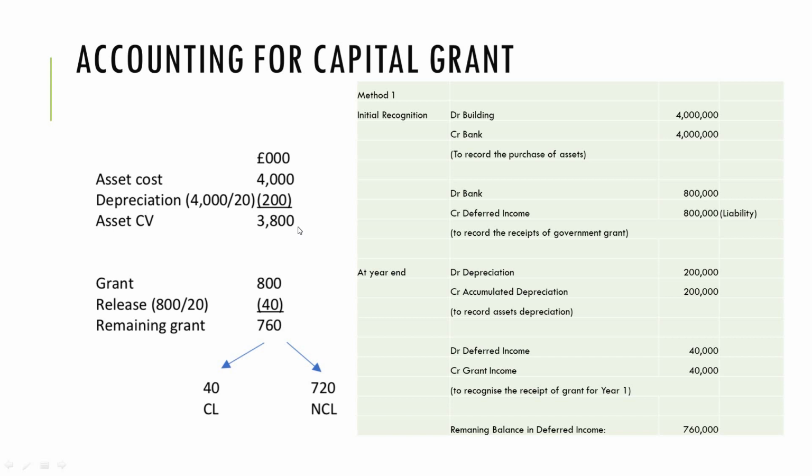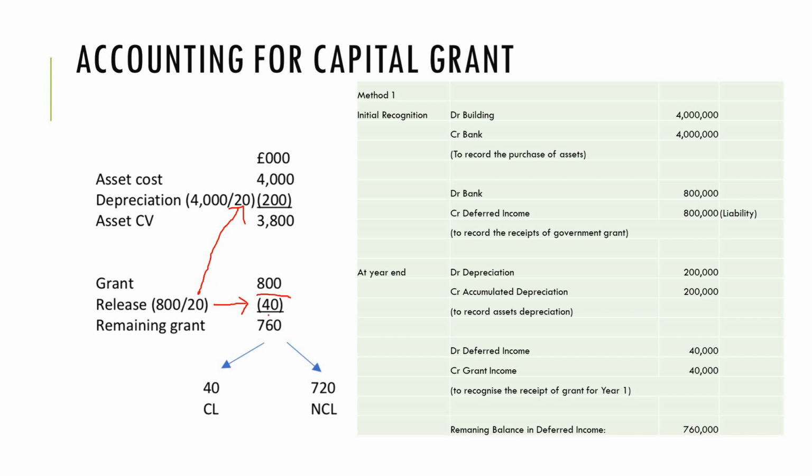Alright. So the grant that the government offered to Tom Limited is 800,000, and this 800,000 needs to be amortized based on the useful life of the asset. So 800,000 divided by 20 years. So every year, this company can recognize government grant of 40,000.